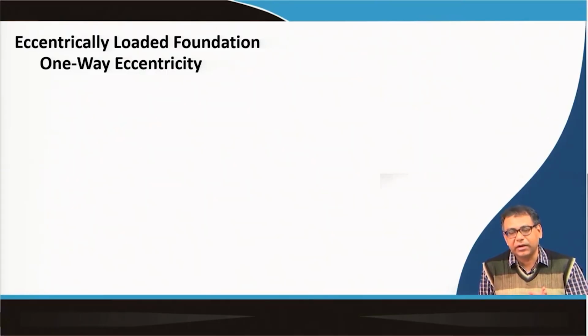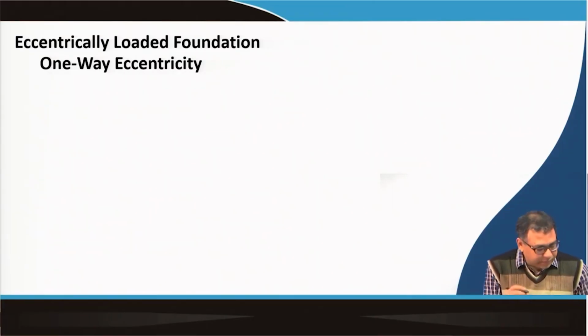That means, it has some eccentricity in the width direction as well as in the length direction. So, first I will discuss the one way eccentricity and then the two way eccentricity.